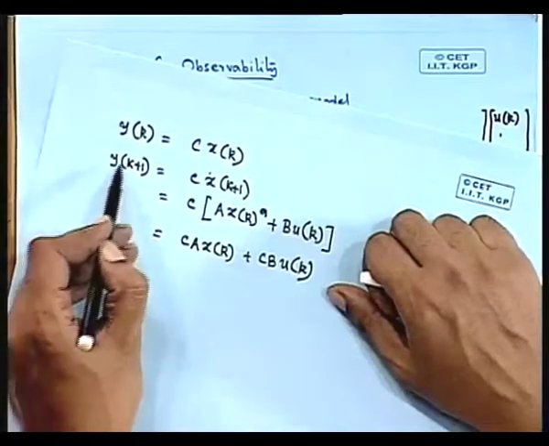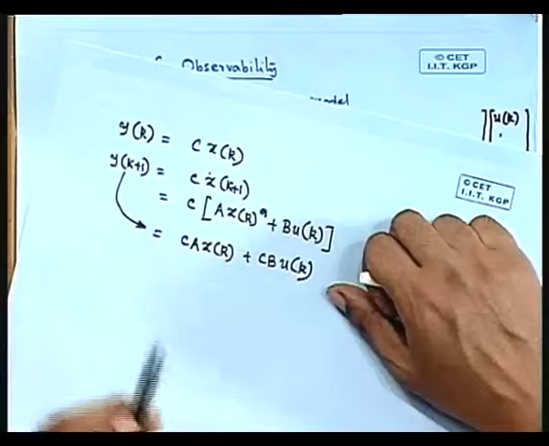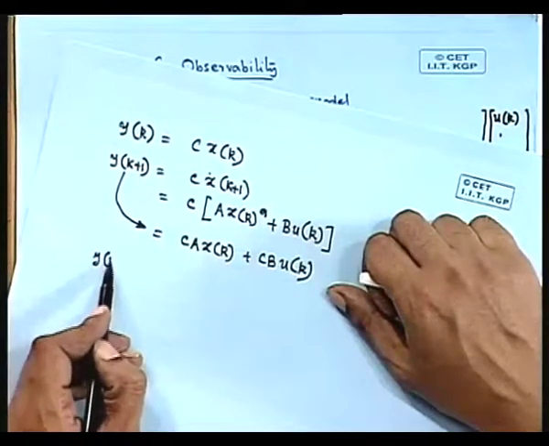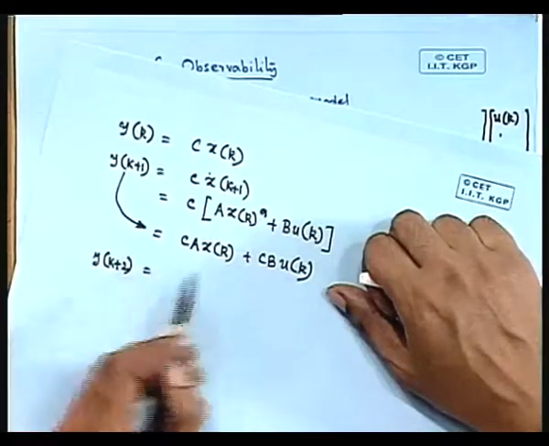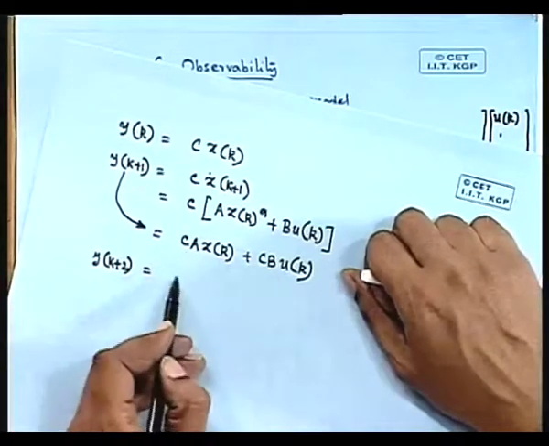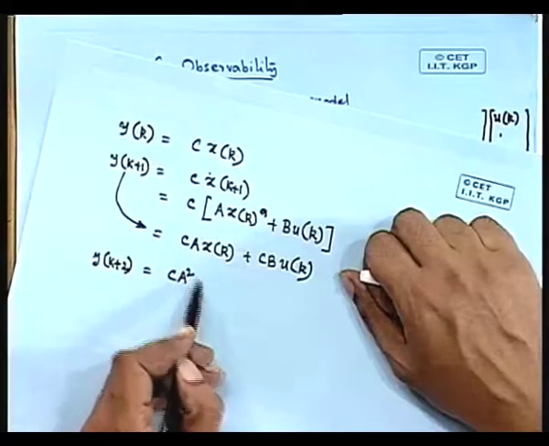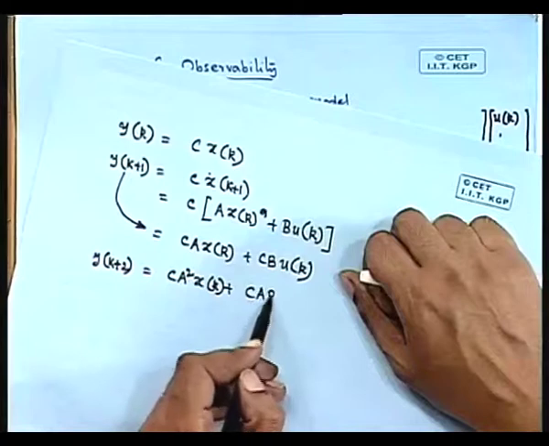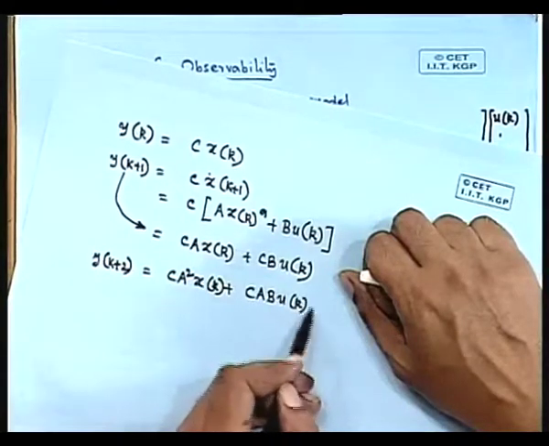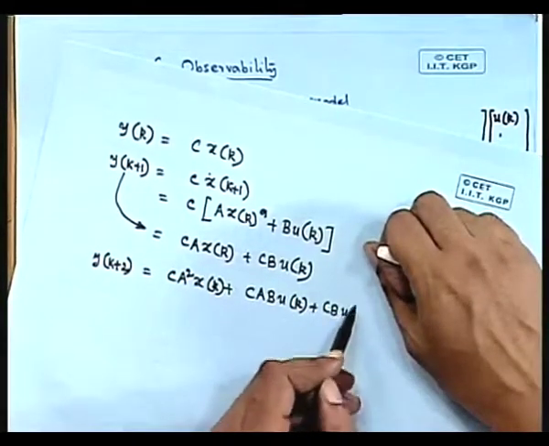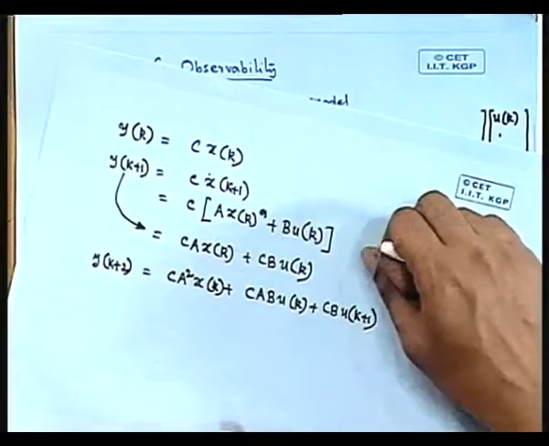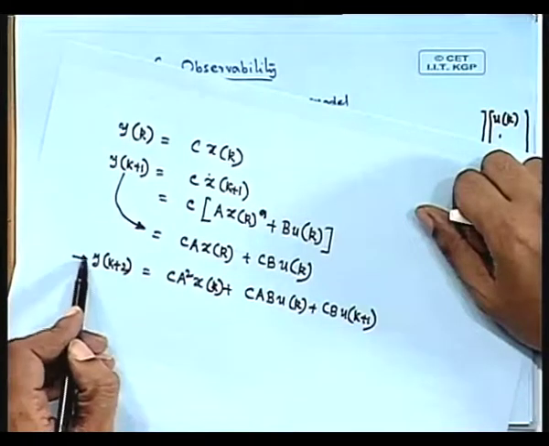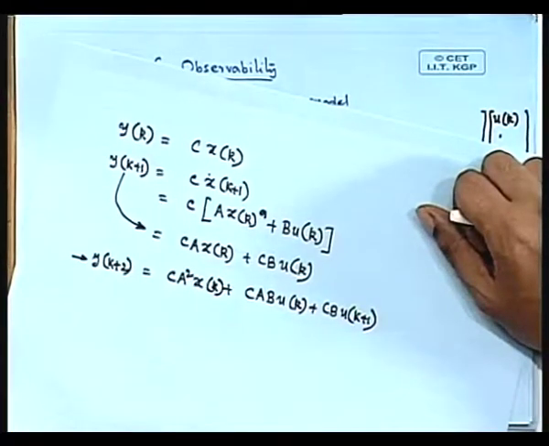So this gives you the second equation. See, all equations must involve x. Similarly, you can have yk plus 2. Go on doing it, then you will get ca squared xk plus cab uk plus cb uk plus 1. This gives you a third equation, right.